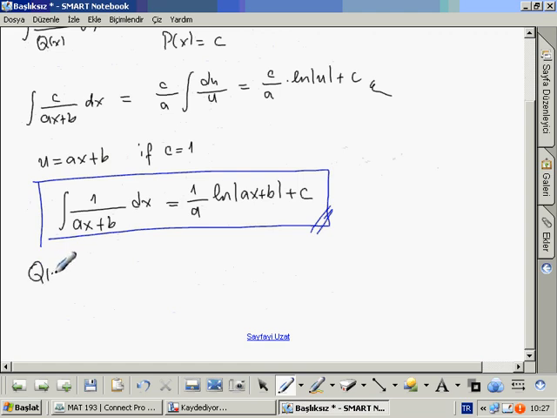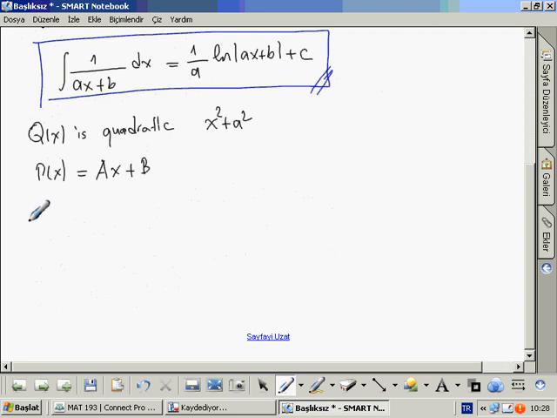If q of x is not a line equation but a quadratic, like x squared plus a squared, then p of x equals ax plus b.